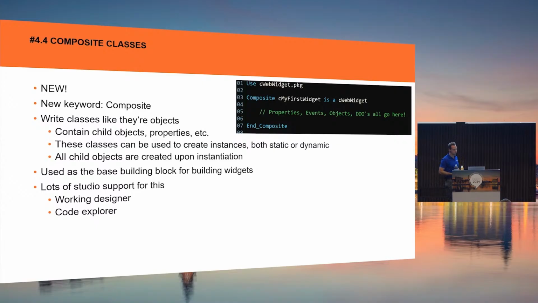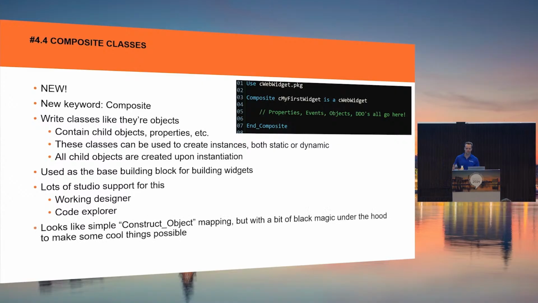All that works. When you start working with composites, you might think, well, this actually looks like simple construct object mapping, doesn't it? You're partially correct, but just know that we've been tinkering a bit, and there is some black magic going on under the hood that makes a couple of cool things possible.